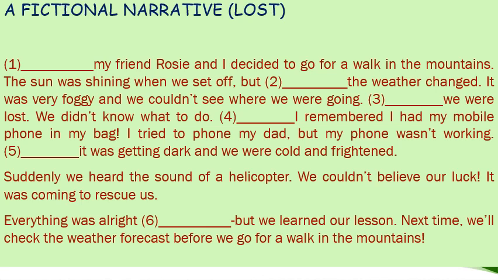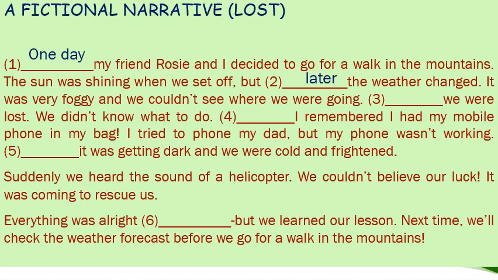Unit 3. Writing. A fictional narrative. Exercise 1. Lost. One day, my friend Rosie and I decided to go for a walk in the mountains. The sun was shining when we set off, but later the weather changed.